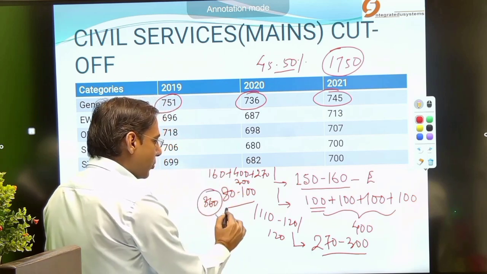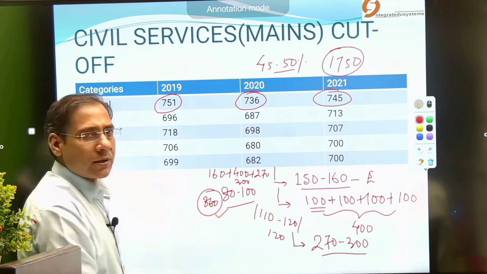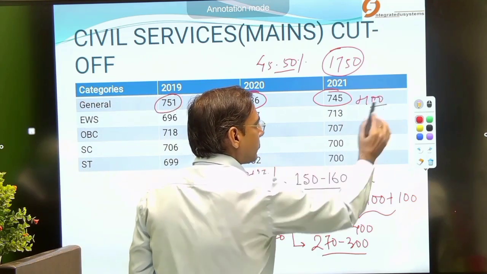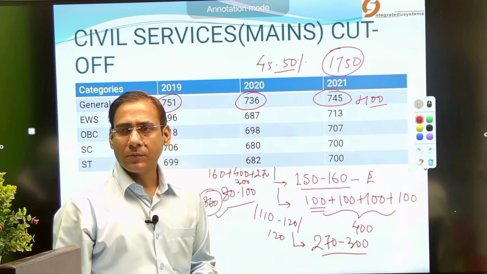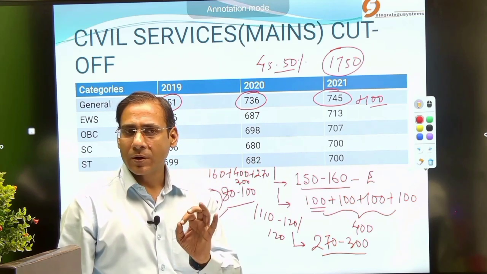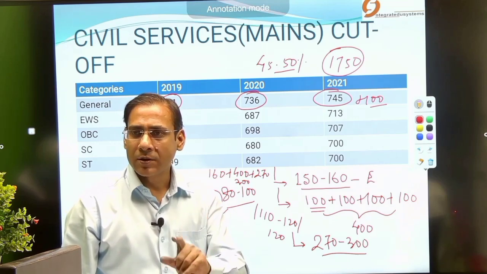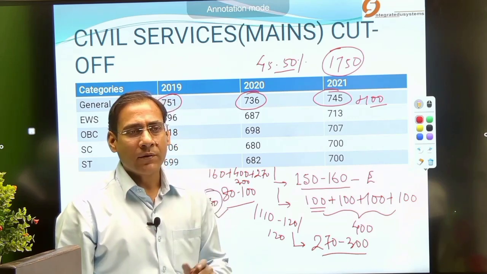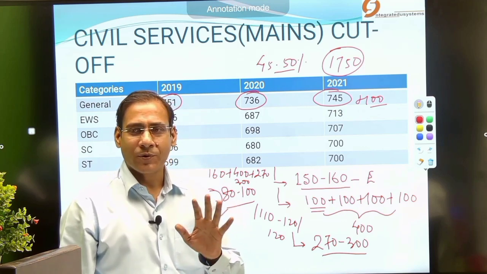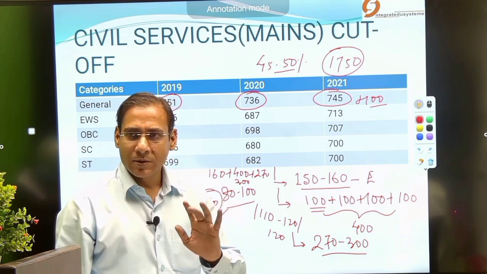If your score is 860, 100 plus to this cutoff, you will definitely be in the list. If you score average marks in the interview, average meaning somewhere around 140, 145, then you can crack it.